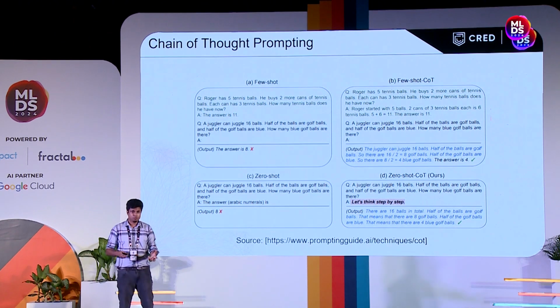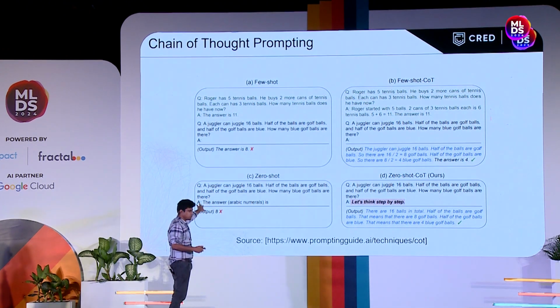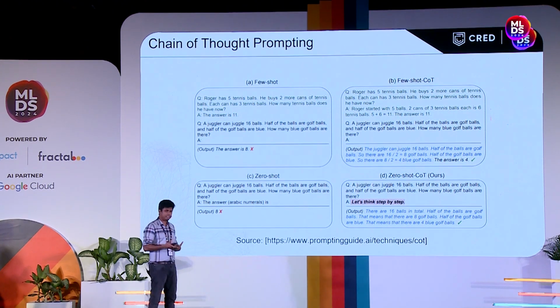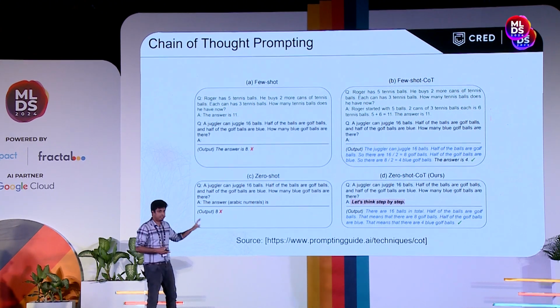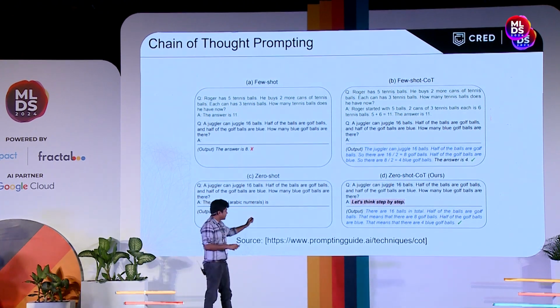As we know, LLMs are not very good at math. If you direct your attention to C, if you give an LLM a mathematical problem as it is, it won't be able to give the correct output all the time. What chain of thought prompting does is simply encourage the LLM to think step by step. What it's doing is very basic.